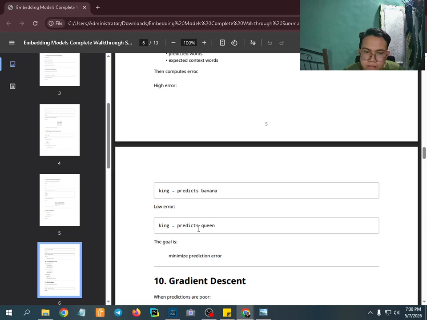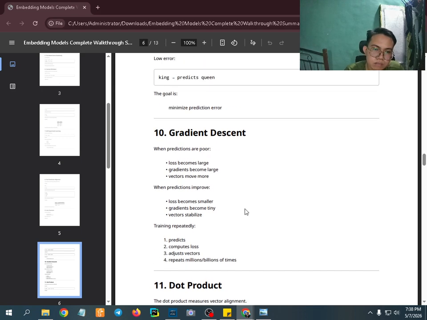So the goal is to minimize prediction error, and these words king and queen often belong to each other, and during training they are for sure automatically paired. The input is king and it might produce queen, because in these sentences or contexts they appear together.